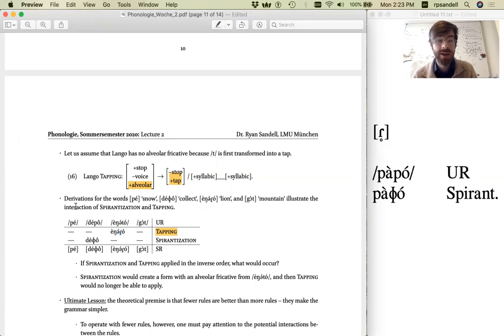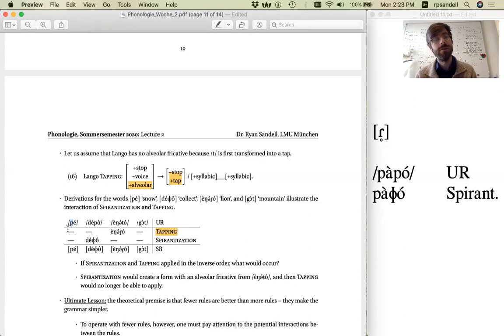Tapping can't apply to any other underlying forms. Tapping doesn't apply to the voiceless alveolar stop here because it doesn't stand between two vowels. It's at the end of the word. Then our spirantization rule finds this voiceless labial stop and transforms it into a voiceless bilabial fricative, and thereby we derive the correct form.